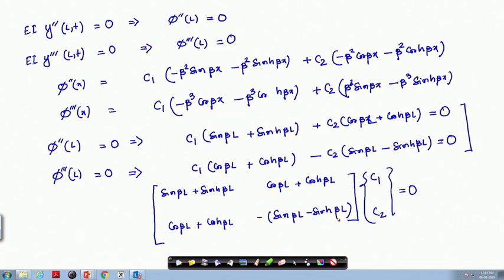Now, since the right hand side is equal to 0, for a non trivial solution of C 1 and C 2, the determinant of this matrix has to be equal to 0.